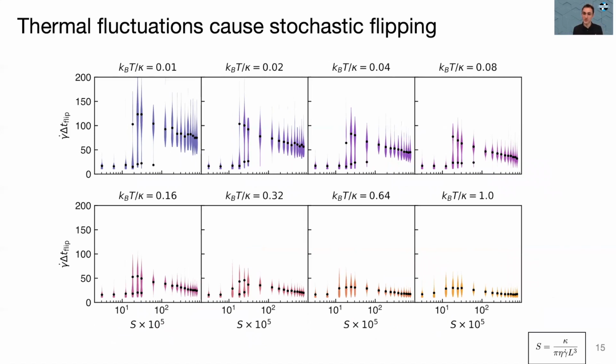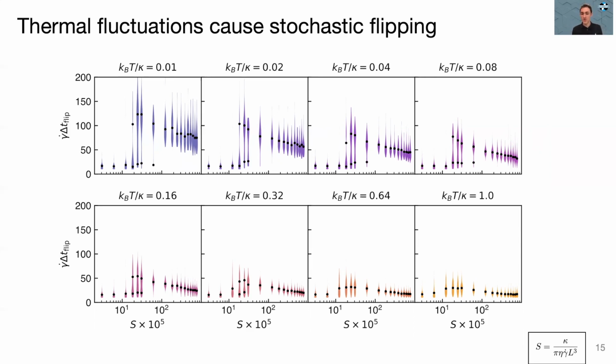Introducing thermal fluctuations into the system causes sheets to stochastically flip and change conformation over time. So here I'm showing a lot of distributions, violin plots, of the times between these stochastic flips as a function of temperature, going from low temperature in the top left to high temperature in the bottom right, as well as a function of S again. So soft sheet is low S, stiff sheet is a high S relative to the shear strength.